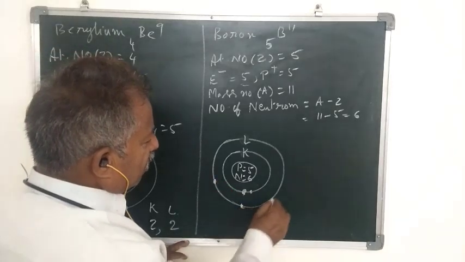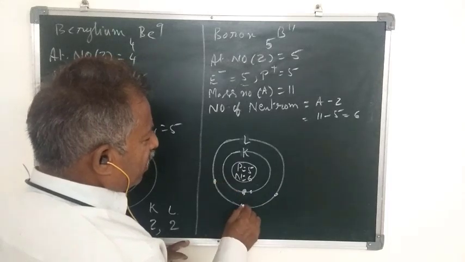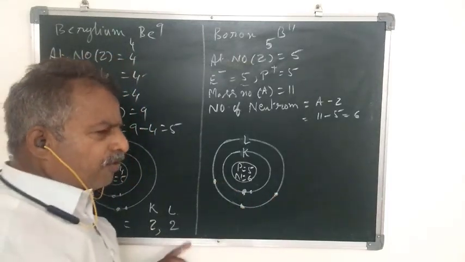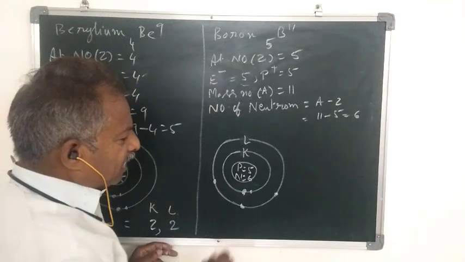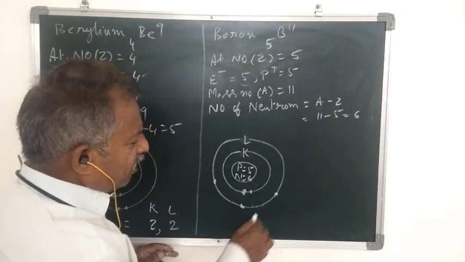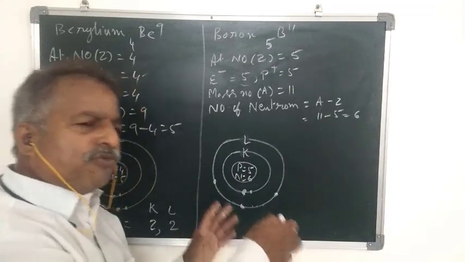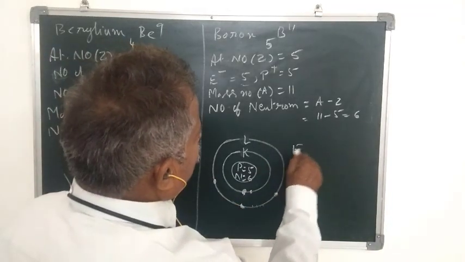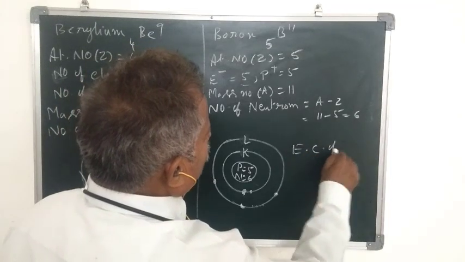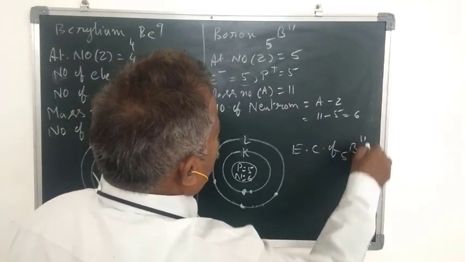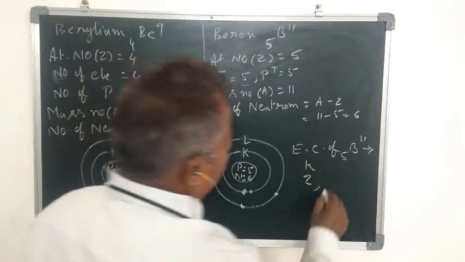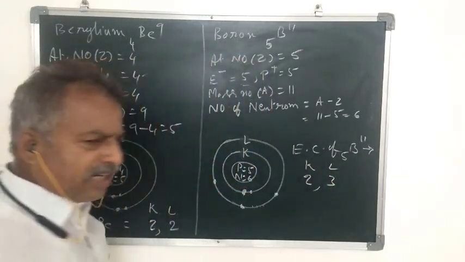In a shell you can keep electrons anywhere, but instead of keeping all the electrons at the same position, you scatter them, which looks nice. So the electronic configuration of boron-11 is 2 electrons in K shell, 3 electrons in L shell.